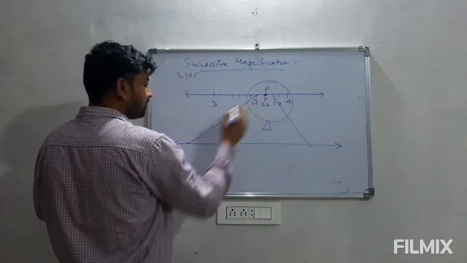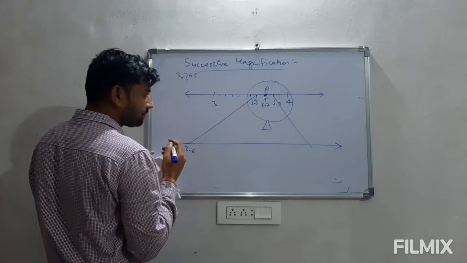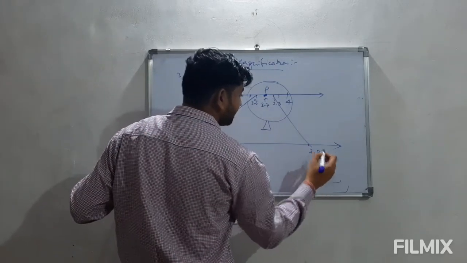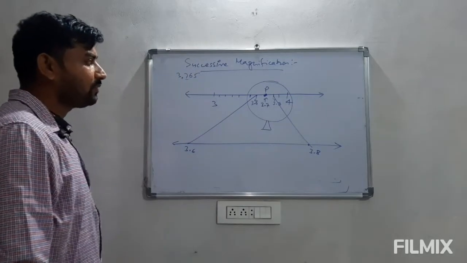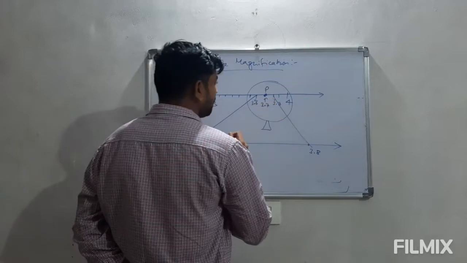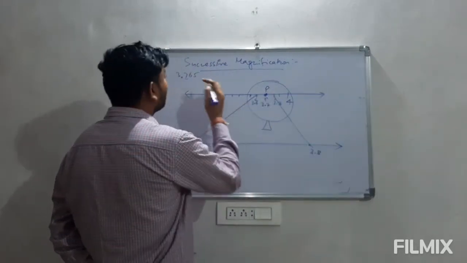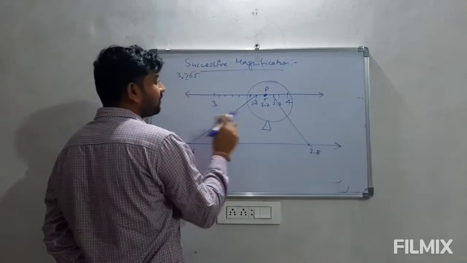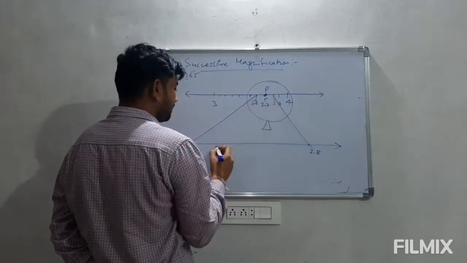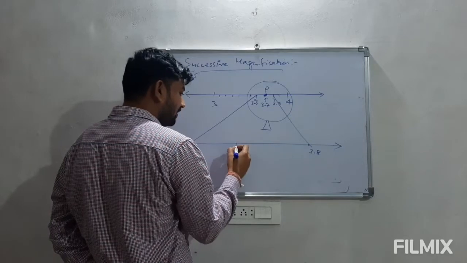This number is 3.6 and here it is 3.8. Now this point is already 7, so whatever number comes after 3.7 will be greater than that. So 3.765 will be somewhere in between here.